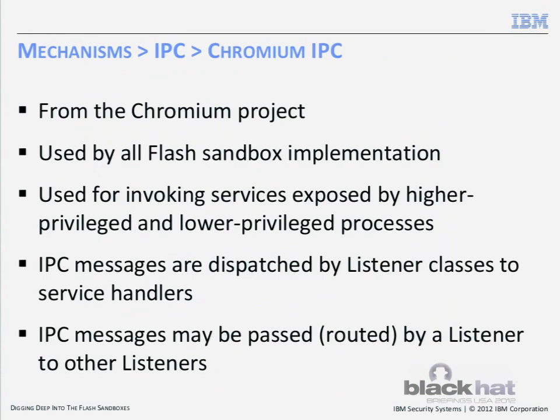This is the second IPC implementation. Chromium IPC is originally from the Chromium project and is also used by all Flash sandbox implementations. In an endpoint of a Chromium IPC connection, there are listener classes which handle the dispatching of the IPC message.